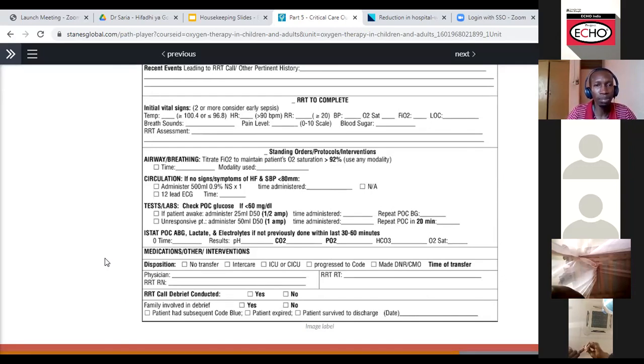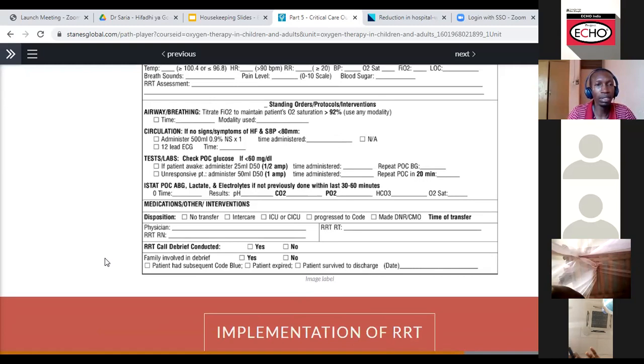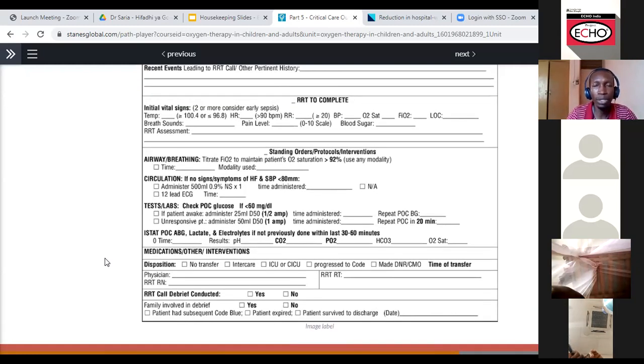And the last part talks about interventions that were done in terms of medications or any other intervention. And where does the patient end up after you have concluded that this patient is at high risk of deteriorating? Did you take the patient to the ICU, transfer the patient to another hospital, or make another decision otherwise?